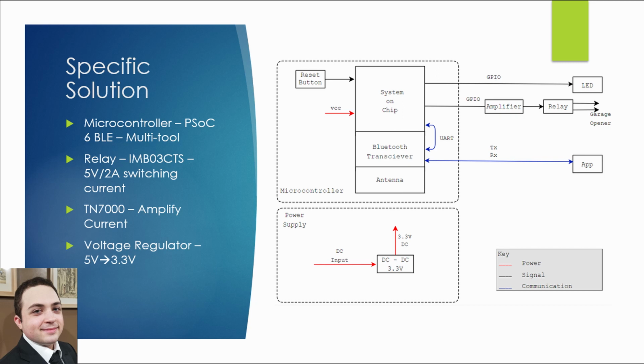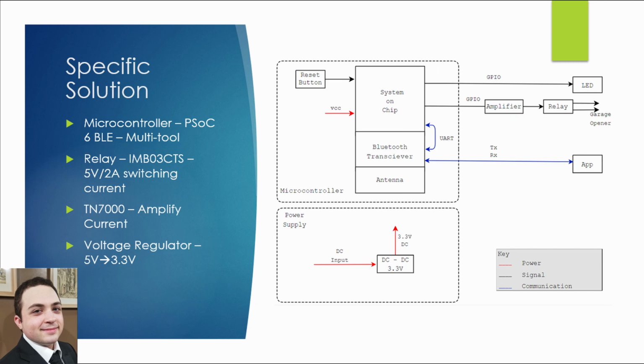We realized later on in the semester that we needed to amplify this current quite a bit in order to hit the 2 amp switching current of the relay. So we used the TN7000 to amplify the current we were outputting to match that 2 amps. Once we did that, everything worked ideally.